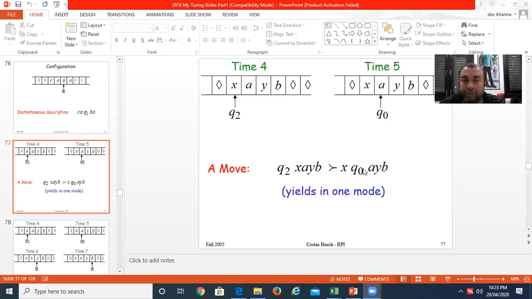X remains X. And now you have to read from the input tape A followed by Y followed by B. So this has been written as Q2 X A Y B. It means you have to start reading X followed by A followed by Y followed by B. In this instantaneous description, you have read X, you have switched from state Q2 to Q0, and what still remains to be read is A, Y, and B. Okay.